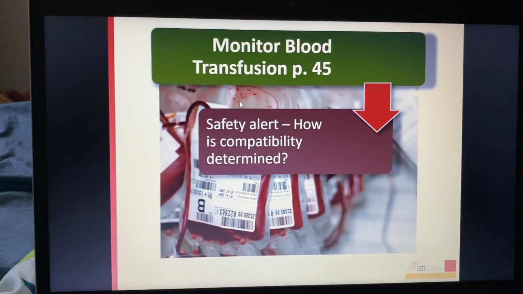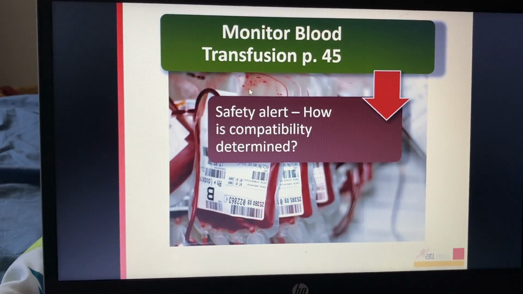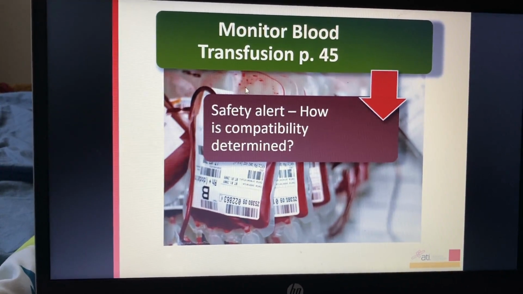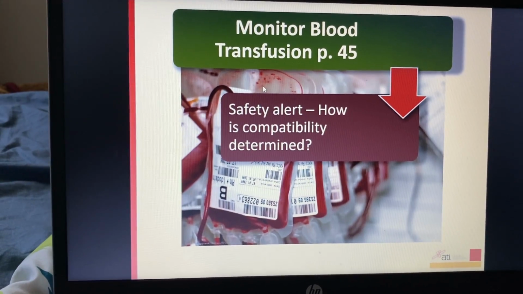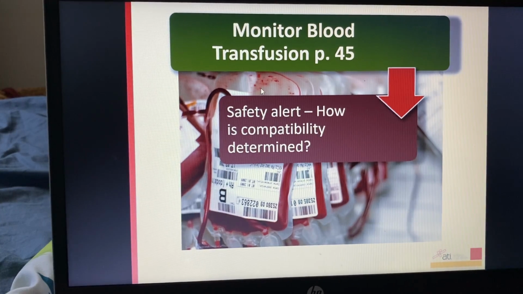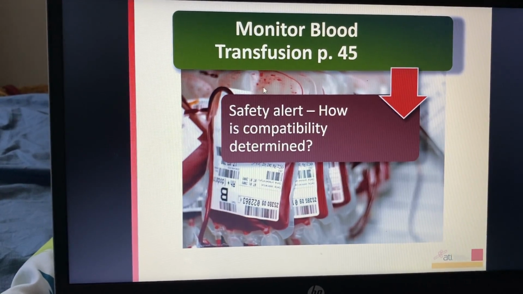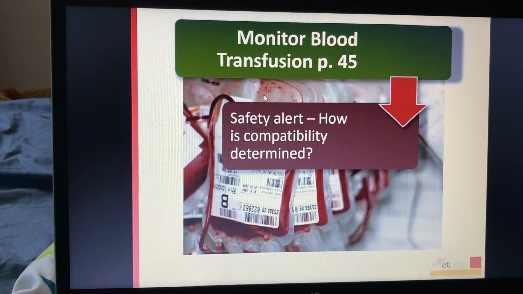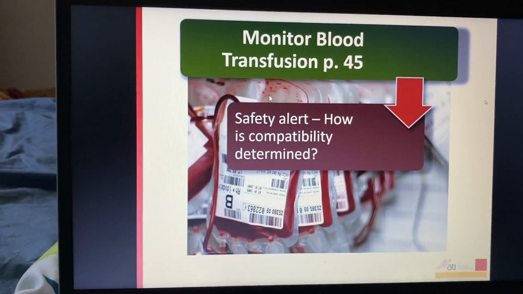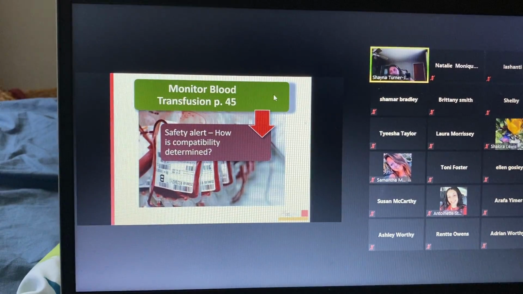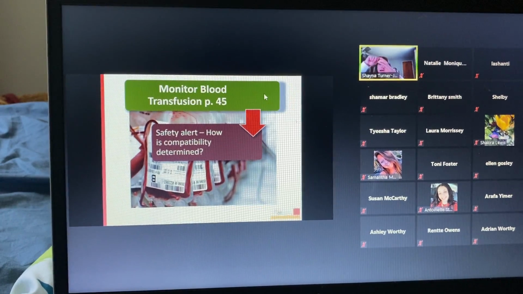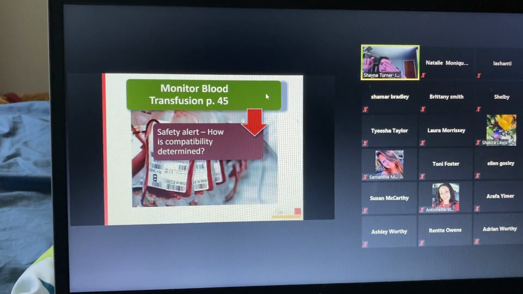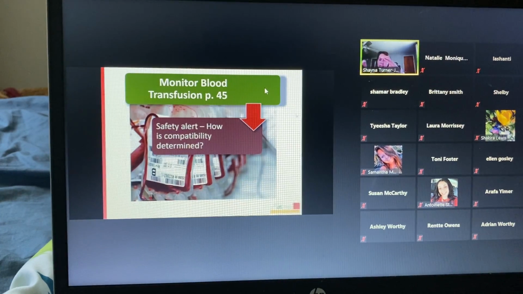So O negative patients are the universal donor, meaning that anybody can receive their blood, because they don't have any antigens on the surface of their blood cells. So in a patient who has A blood, if you thought about their blood cell, on the outside of their blood cell, they'd have little A antigens, right? They're surface antigens.